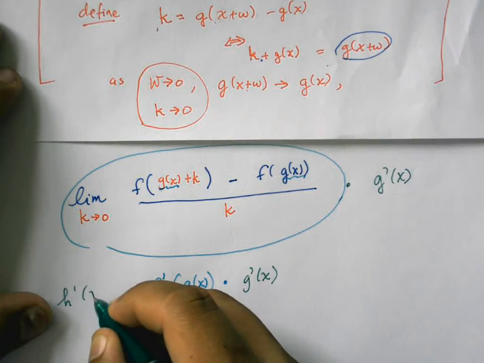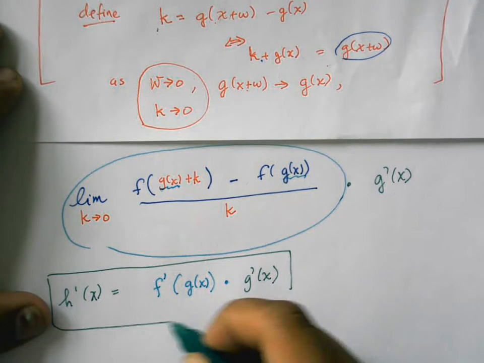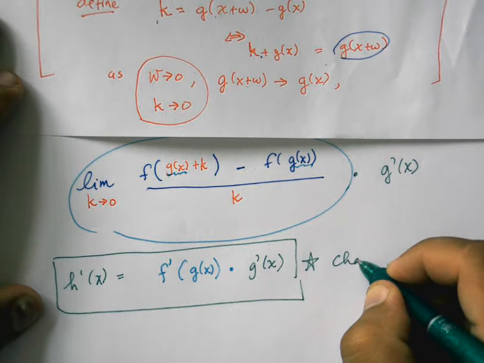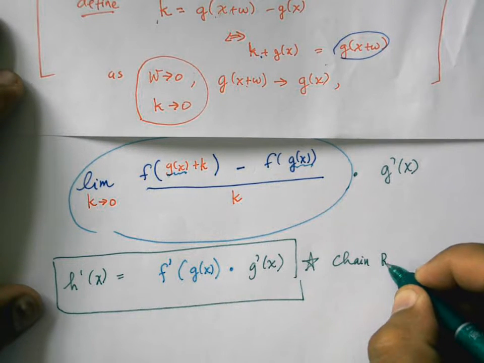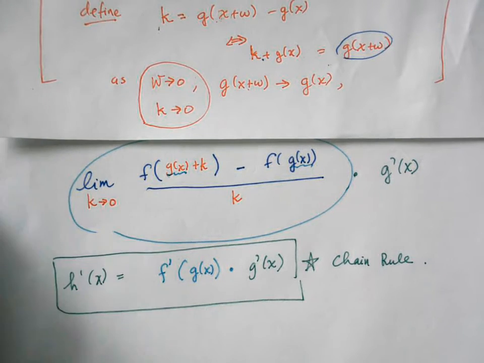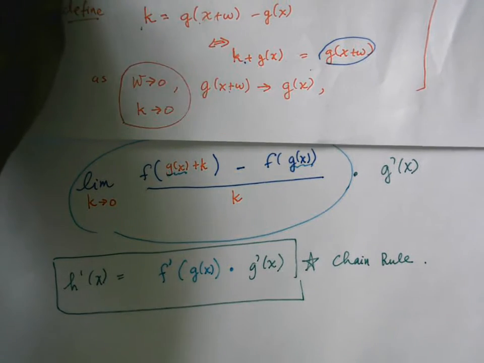So h prime of x is equal to exactly this. And this is a very special result. This is something called the chain rule. And it's a good way for us to figure out how to take the derivative of a composite function.